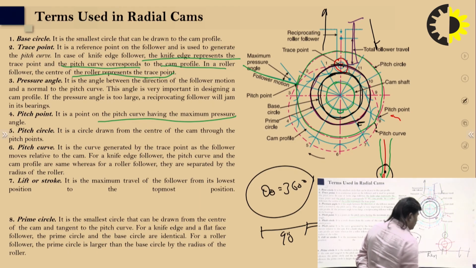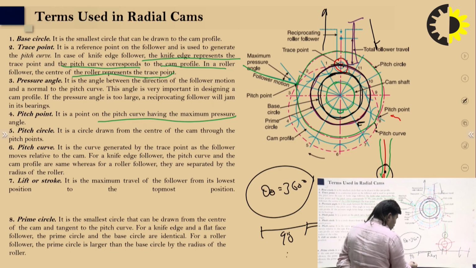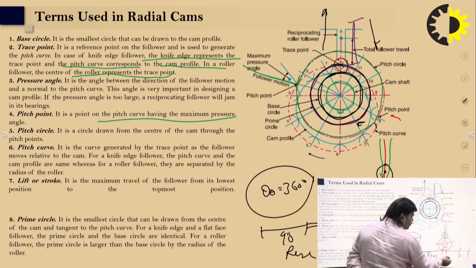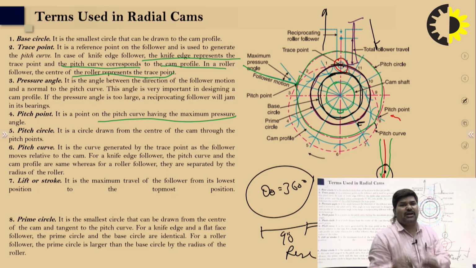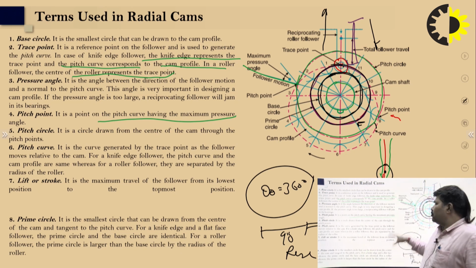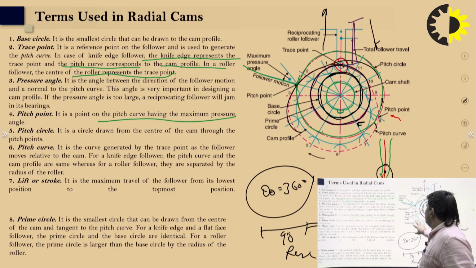So rise, dwell, rest position, then return, and then dwell. So this is the combination, and the 360 degrees will move. According to that, we will draw the cam profile, right?